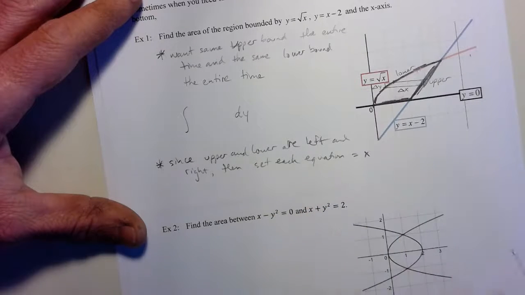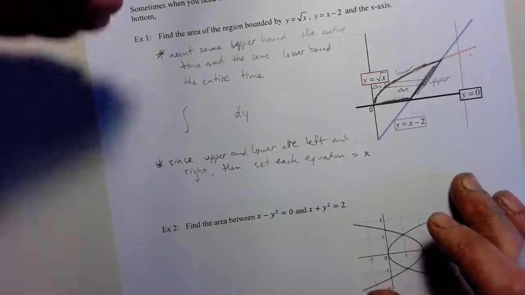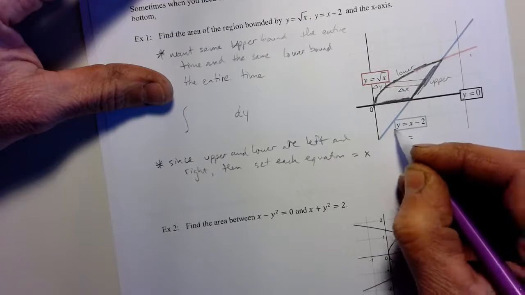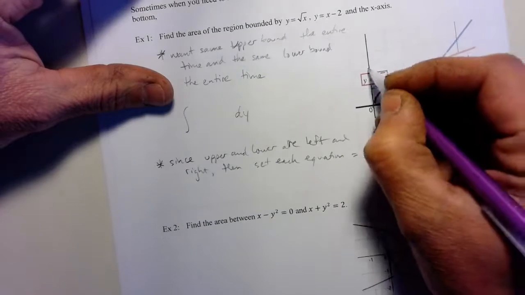Now, before we had them all y equals. So because we're going left to right, you're going to make it x equals. So we're going to take this guy, make it x equals, and I'll move this over, so it'll be y plus 2. And this one, I'll square both sides, and it will get x equals y squared.